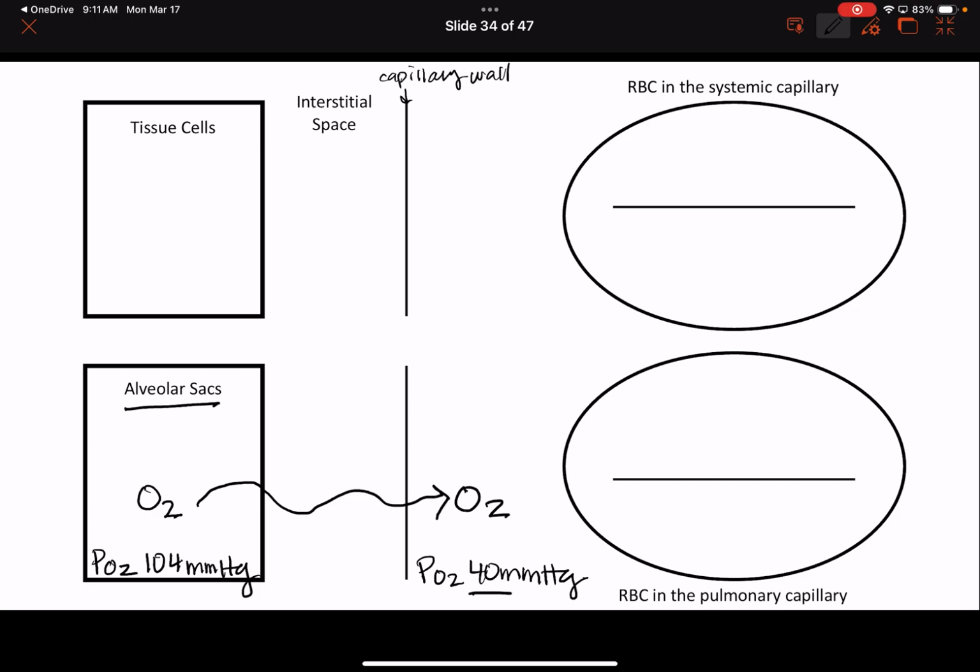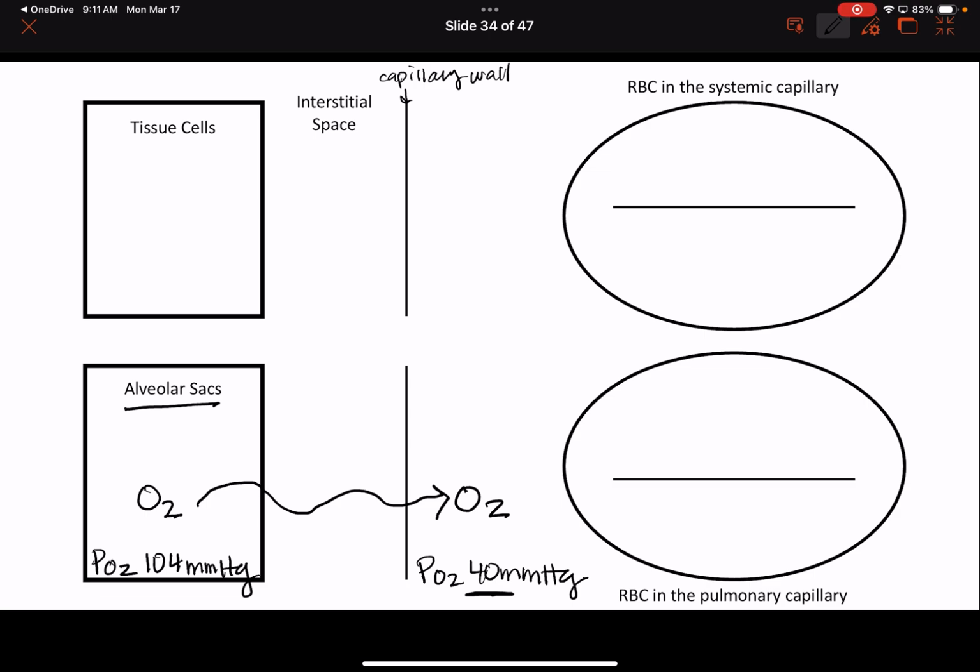Because it's going to want to follow the lower pressure. But then what does oxygen bind to? What does it hold on to? Hemoglobin. And where is the hemoglobin located? Where's the hemoglobin at? Not just in the blood, but in which cells specifically? Our red blood cells. Okay?